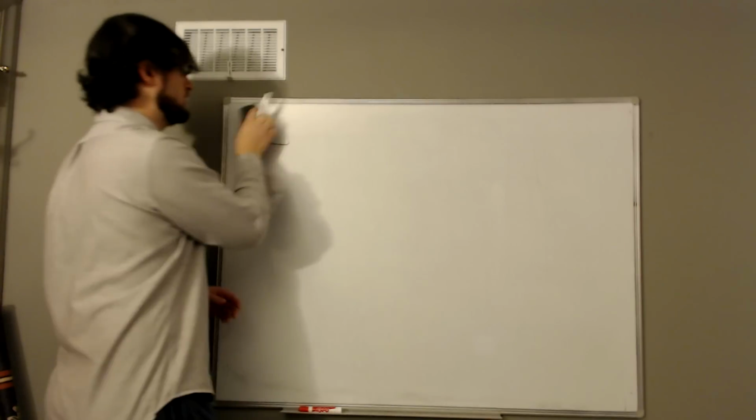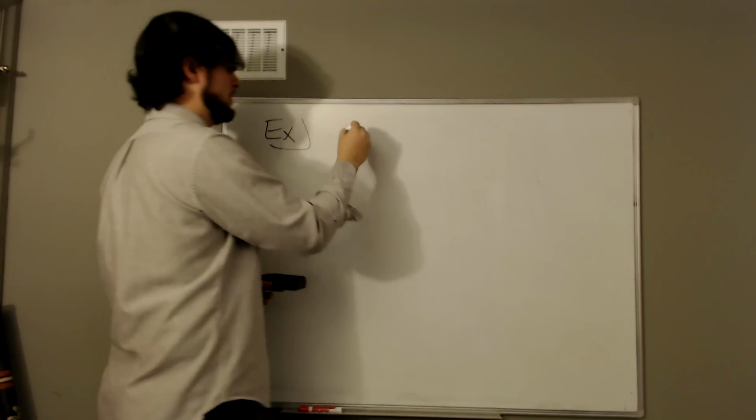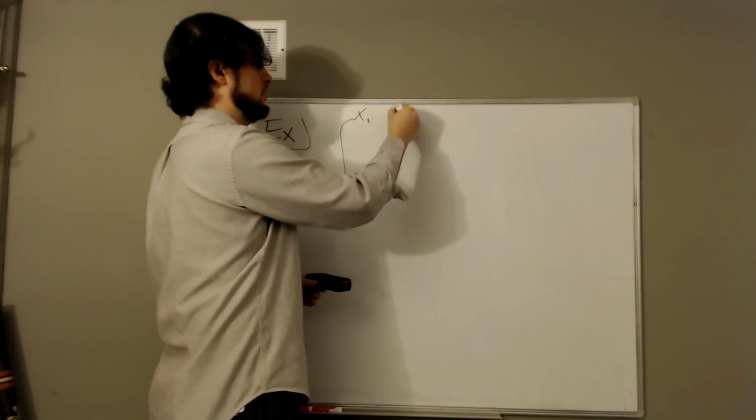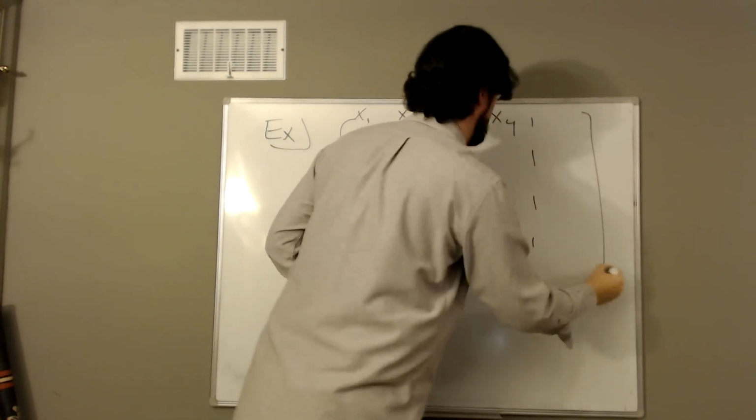Okay, so here's one more that is about as complicated as it could get. Suppose that I had 4 variables, x1, x2, x3, x4, and then we have our constants.